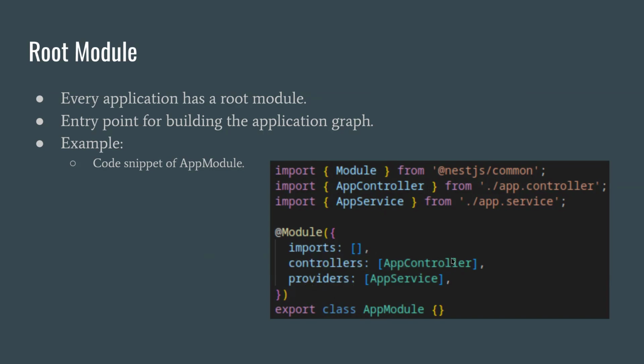In the controllers array we're adding AppController, and in the providers array we have AppService. This root module is crucial because it kickstarts the whole application, organizing all other feature modules and their dependencies.